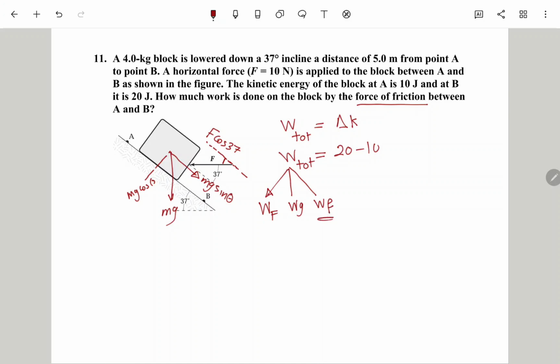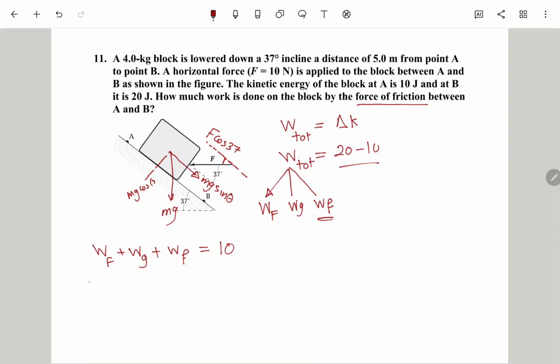So work from F plus work from gravity plus work from friction is equal to 20 minus 10, which is equal to 10.